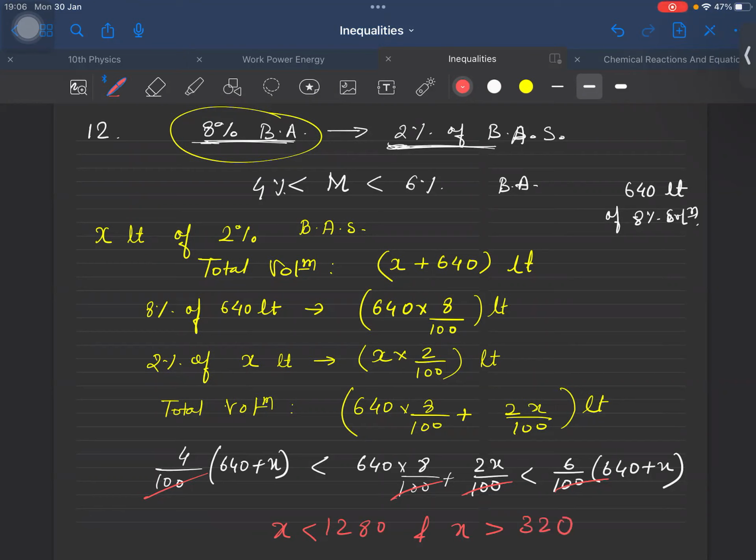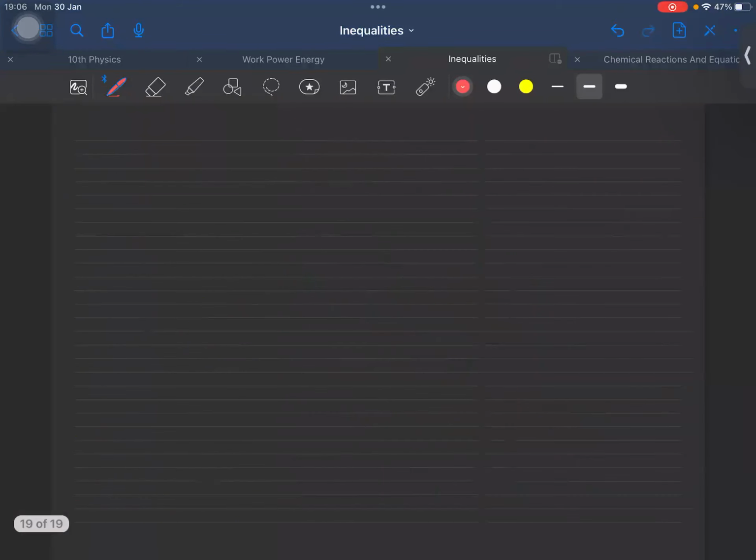These are the two solutions we are getting. That means x should be greater than 320 and lesser than 1280.